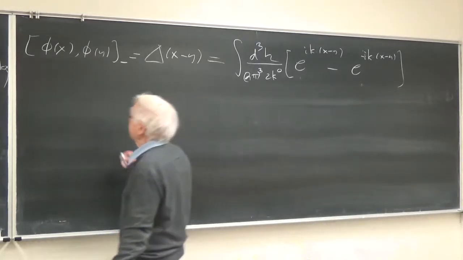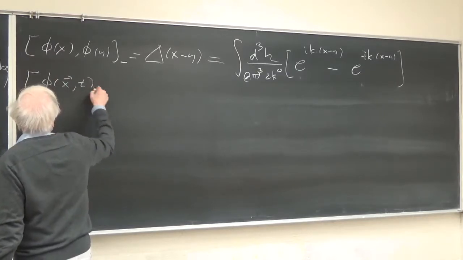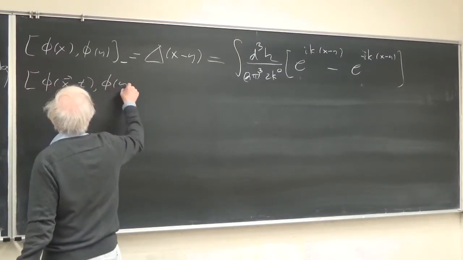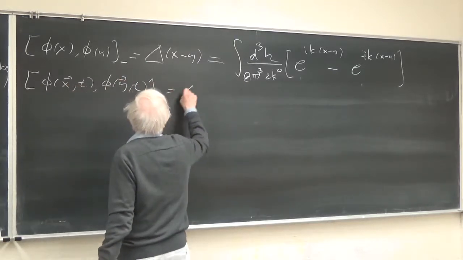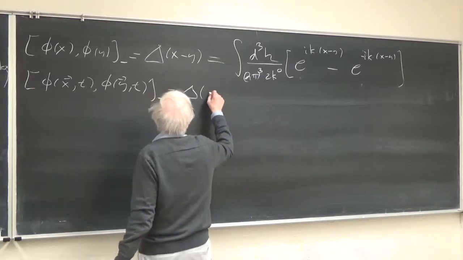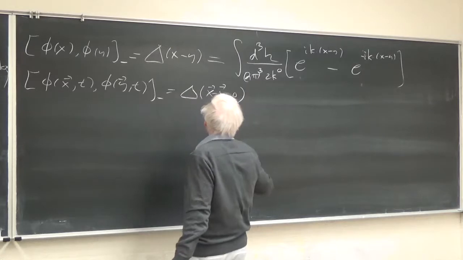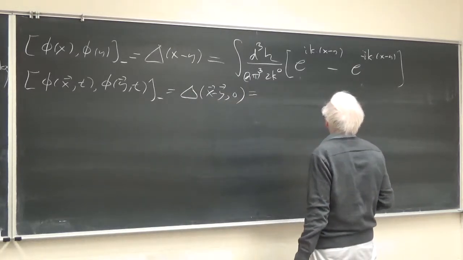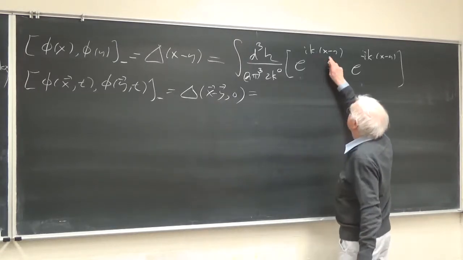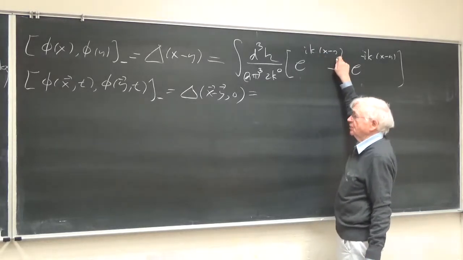What we did learn in chapter 5 was that if we go to equal times here, we have delta of x minus y and no time difference. This is then an integral in which the times are equal, so x0 minus y0 cancels.